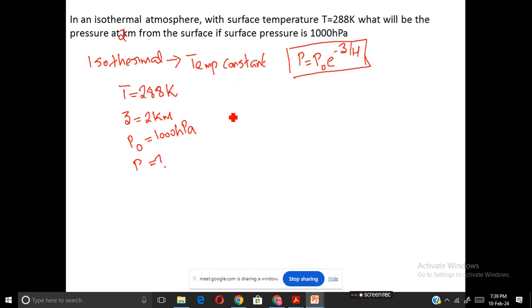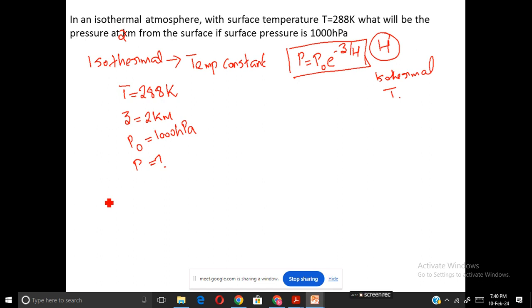But in this case one component is missing, which is H. The question is not providing the value of H. Instead, it says the atmosphere is isothermal, and it gives the temperature of the atmosphere. So with these two assumptions, we have to find the pressure P. With the help of the hydrostatic equation and the equation of state, or ideal gas equation, we can solve this problem.